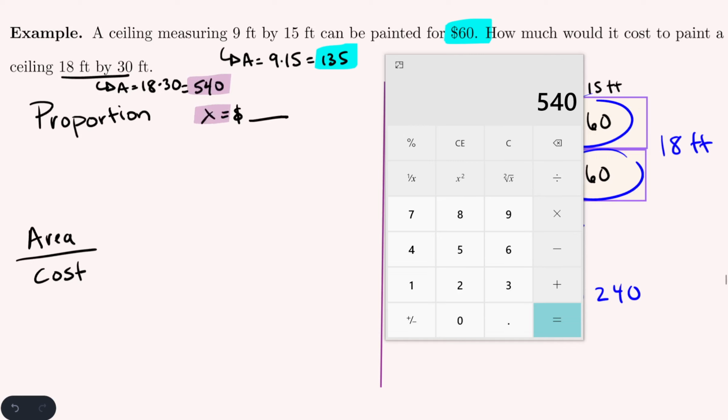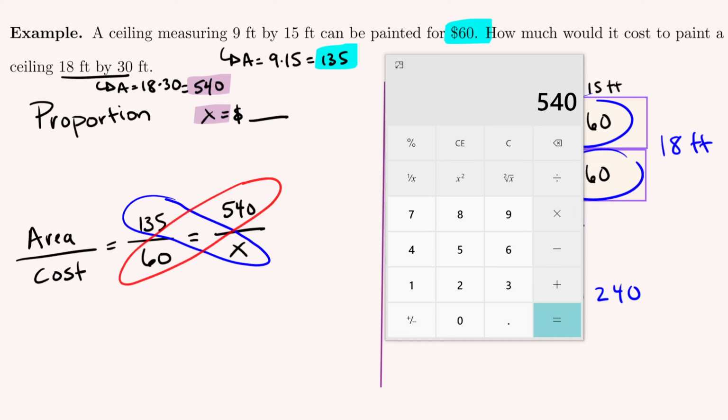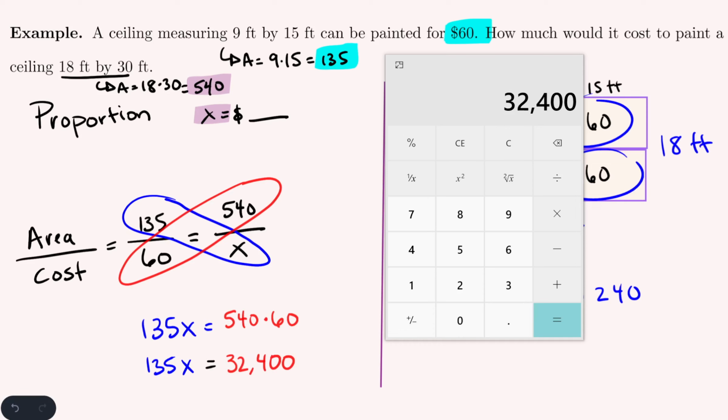So then we will compare an area of 135 cost me $60 compared to an area of 540 using the same unit price cost me X dollars. Now I can solve if I remember the phrase cross multiply. We know the top of the left times the bottom of the right, bottom of the left times the top of the right, and we get 540 times 60, which is 32,400.